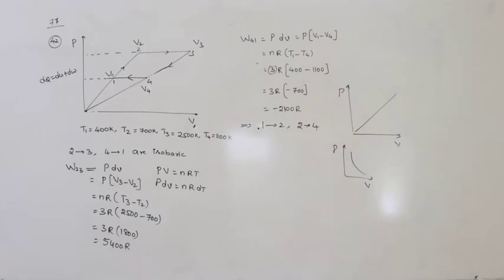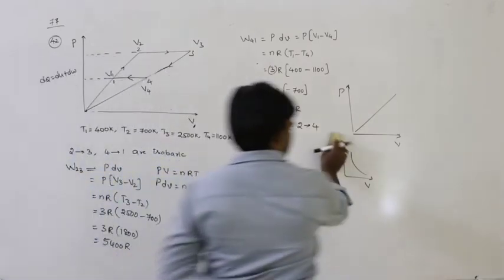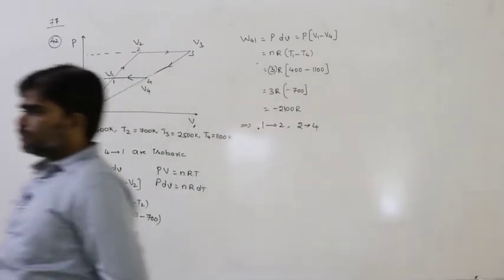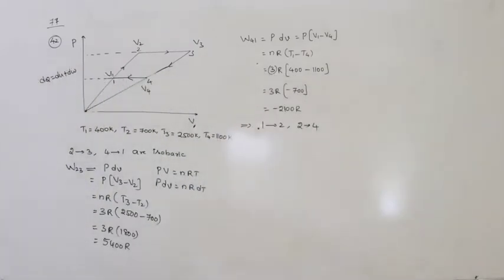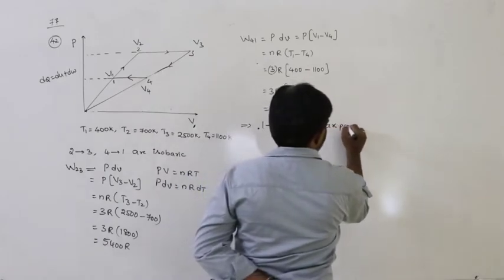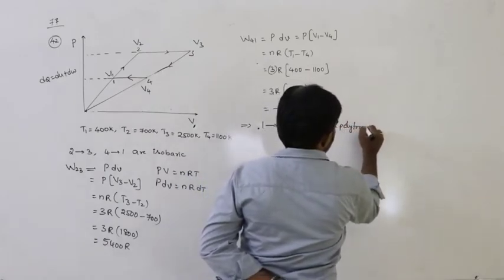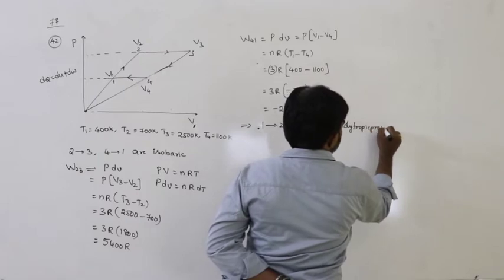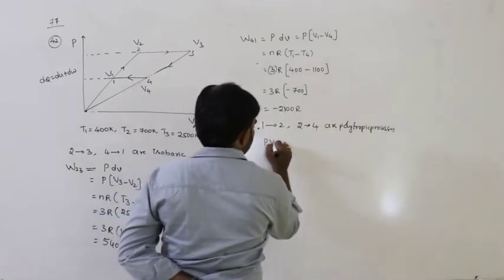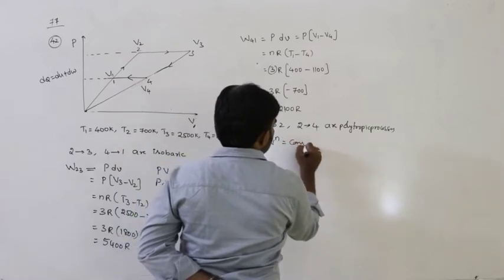So 1 to 2 and 3 to 4 are polytropic processes. Actually, a polytropic process means PV^n is equal to constant.